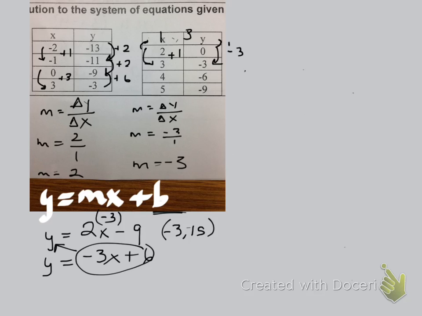I just showed you how to substitute, and the best way to do elimination was if they were already in standard form. But I can solve this using elimination just the way they are. You don't have to be in standard form to do elimination. You just have to have the variables lined up. That's really the key.